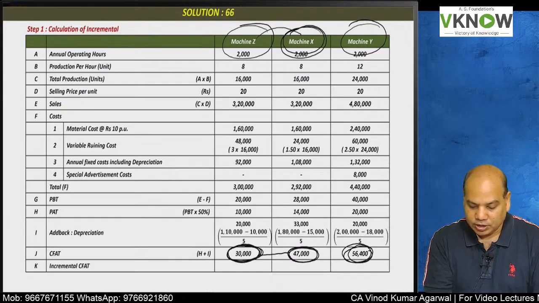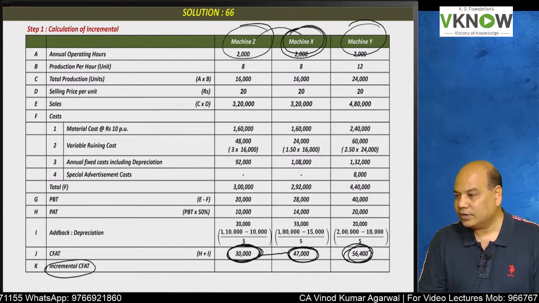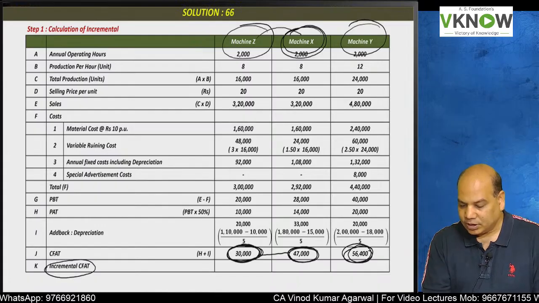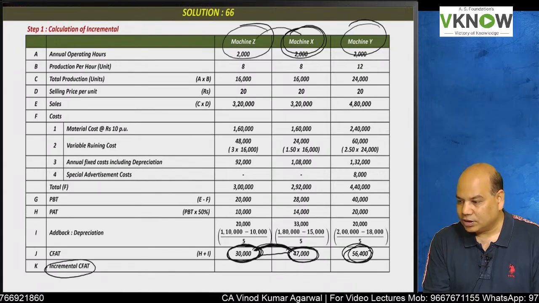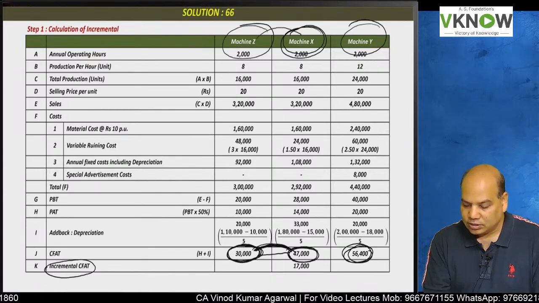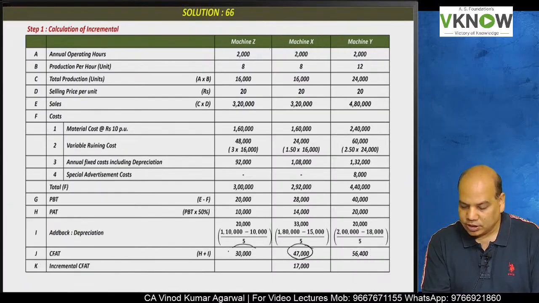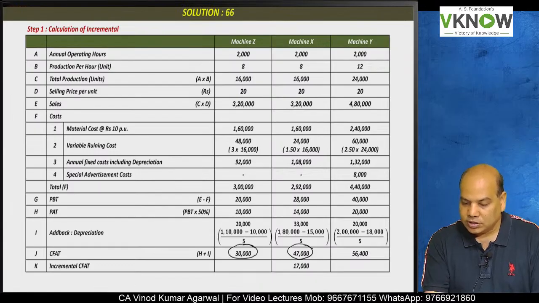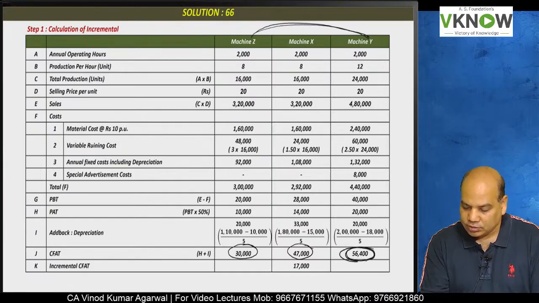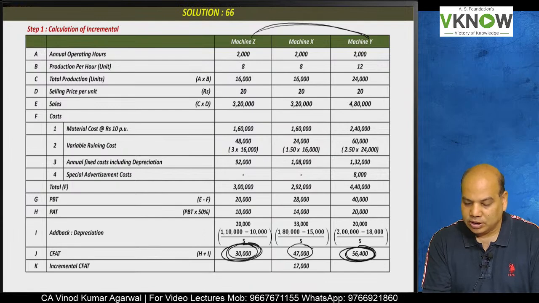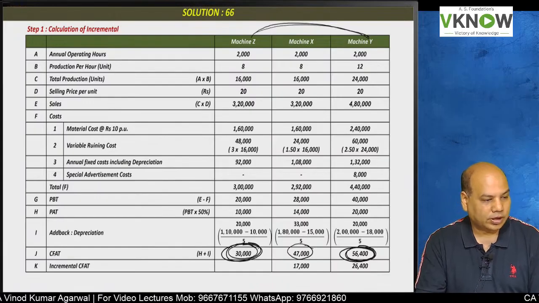So write down point K, incremental CFAT. If I replace Z by X, how much will be my incremental CFAT? 47,000 minus 30,000, I will get 17,000 more. But if I replace Z by Y, I'll get 56,400 minus 30,000 incremental CFAT, so that is 26,400.